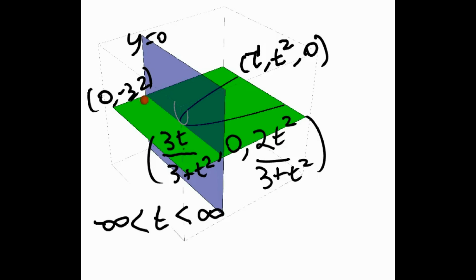And the point here is that we're describing a circle without any transcendental functions. We're not invoking the sine function or the cosine function, which are actually remarkably complicated things.